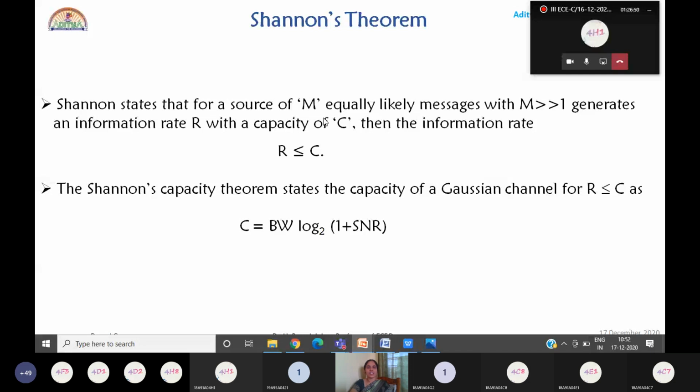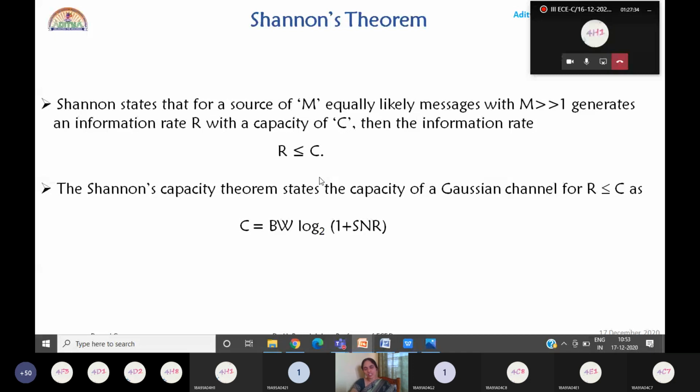Here Shannon states that for a source of m equally likely messages with m far greater than 1, generates an information rate capital R with a capacity of capital C, then the information rate capital R should be always less than or equal to the channel capacity.